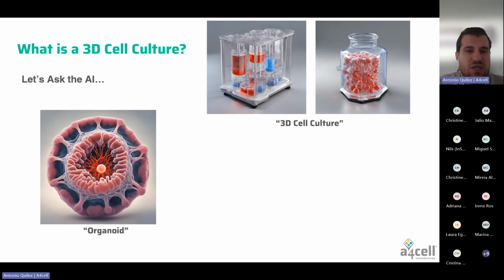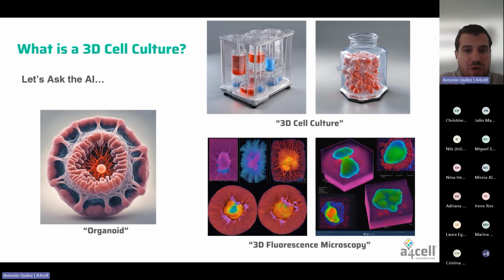What we can see in these images is a mixture between a complex 3D cell culture mixed with bioreactors, microfluidic devices, etc. And then finally, how does 3D fluorescence microscopy look? And this is what we got. So complex tissues with volumetric analysis and multiplexed signals.